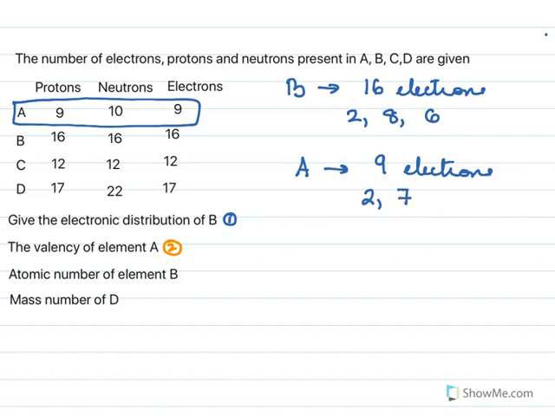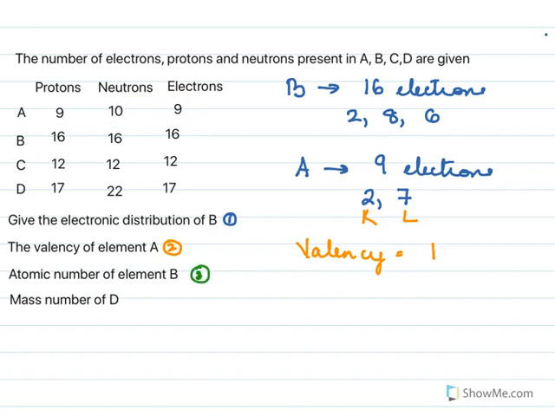So 1 electron is missing here. Here you have the K and the L. The L shell has got only 7 electrons. So it will accept 1. So valency equals 1. It will accept 1 and then become 2 and 8. So valency is 1.